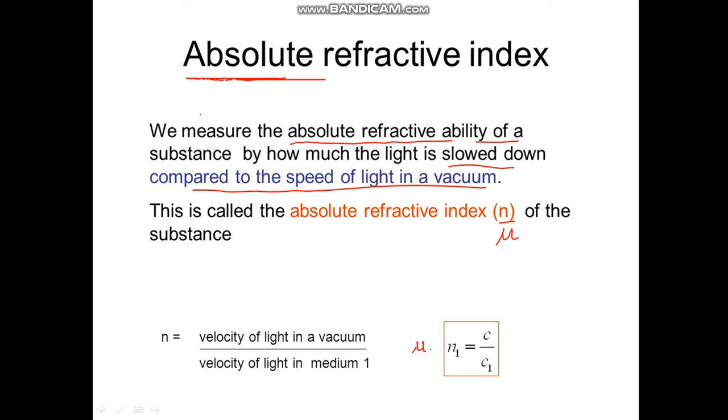So I can write mu 1 or n1 is equal to c upon c1. What is c? C is the velocity of light in vacuum. And what is c1? C1 is the velocity of light in the medium in which it has entered, or the medium whose refractive index we need to know.